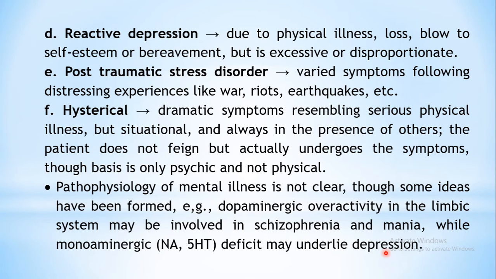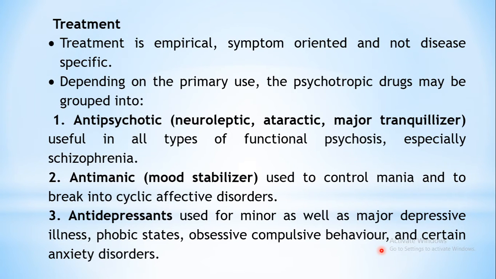So accordingly, treatments have come forward. There are several drugs which are discovered specifically for a particular type of psychiatric disorder. Though the treatment is empirical, that is depending upon your experience, you may have to talk to that person, what exactly that person is feeling, or you need to diagnose properly.